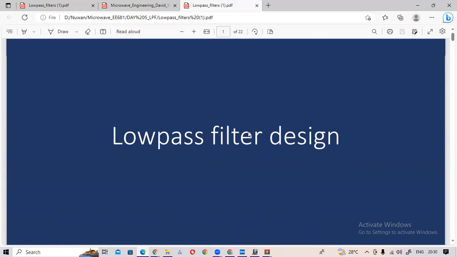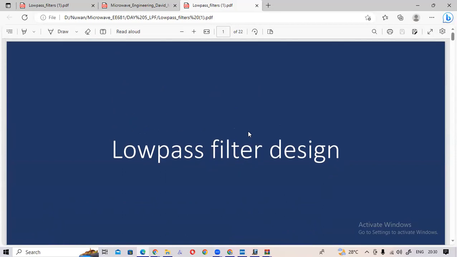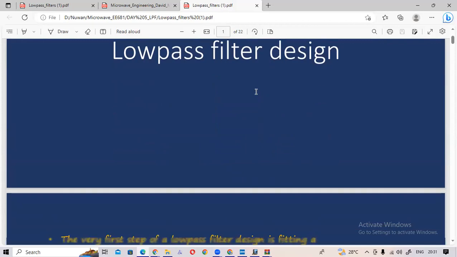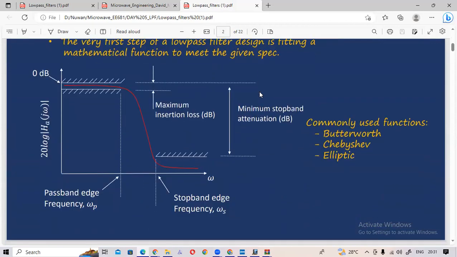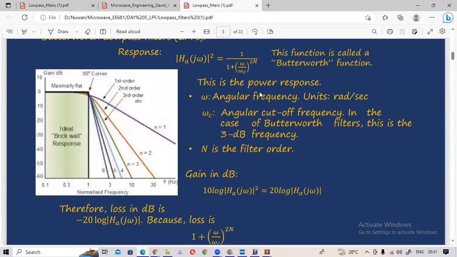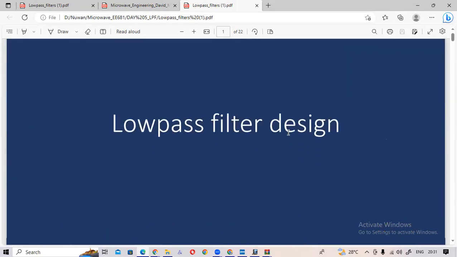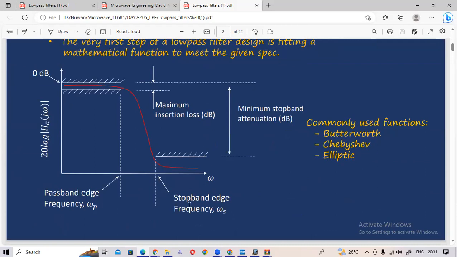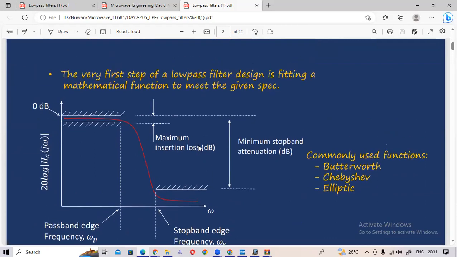The online session. So we will begin our low pass filter design at that session tomorrow. Please try to recap the previous things, then it will be easy to go through this lecture. We will start this tomorrow.